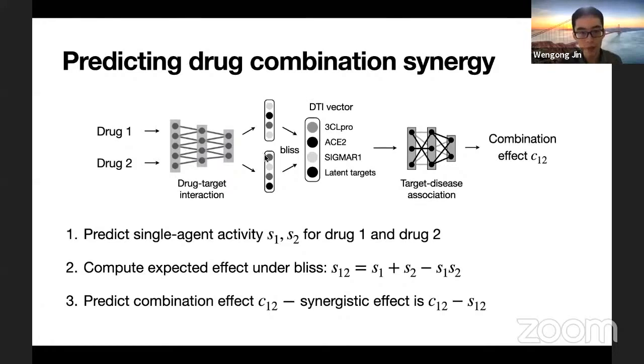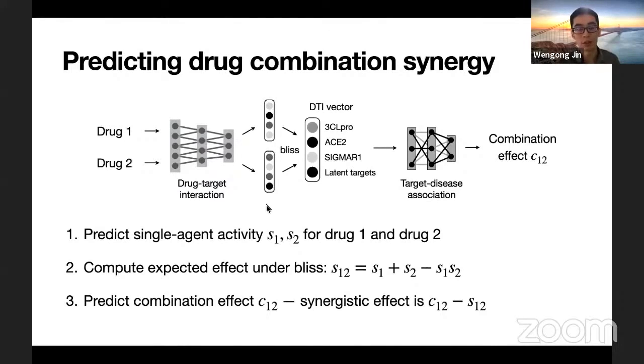Now if you look at the drug target interaction vector for each drug, we need to aggregate them in order to capture the aggregated effect over this set of biological targets. So we adopt the famous Bliss independence assumption: we take the sum of these two vectors and subtract the multiplication of these two vectors.